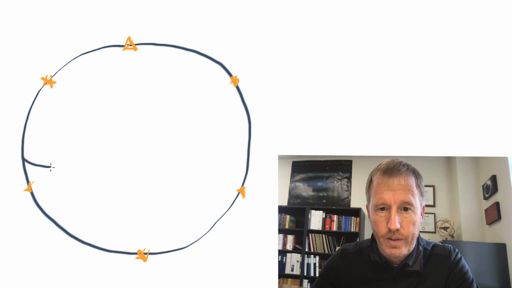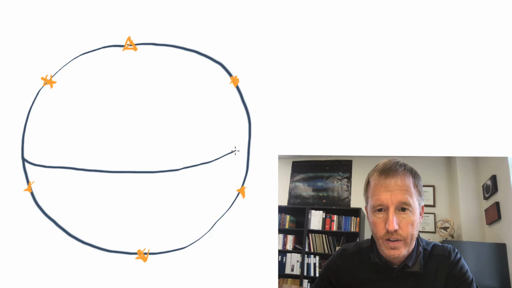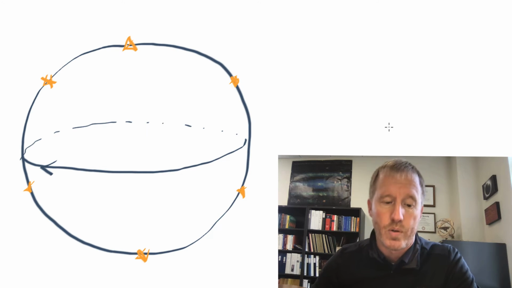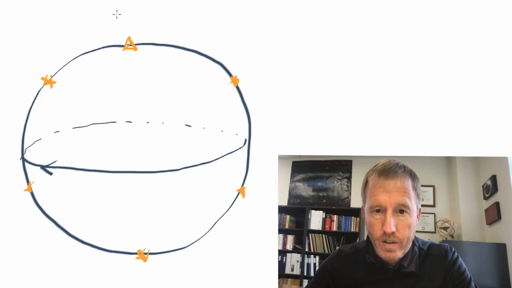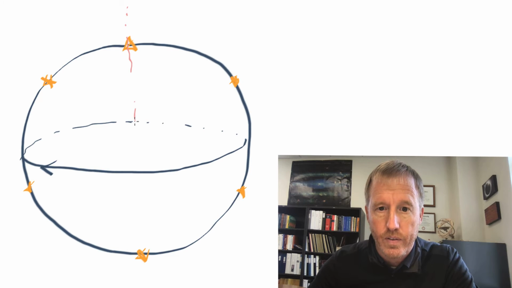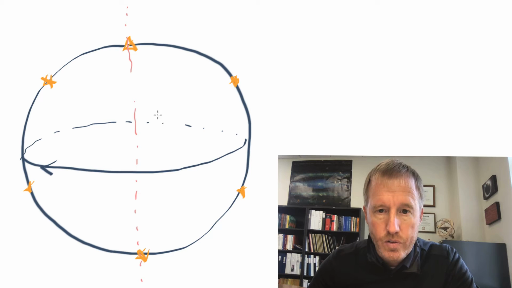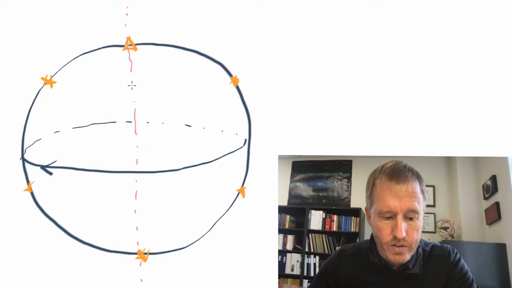And once again, I'm going to draw the celestial equator around here, like this. And I'll put an arrow on this once again to indicate that this sphere is rotating around from east to west. I'll draw a vertical line representing the axis of the celestial sphere. And now, let's draw another sphere on the inside of it.